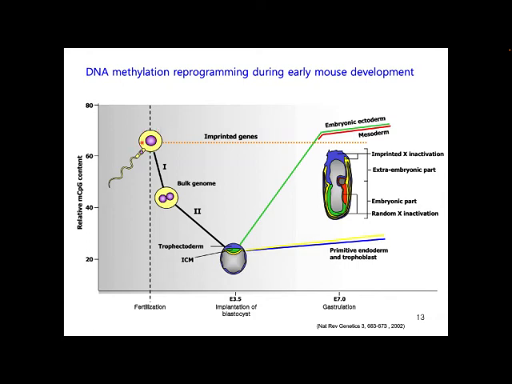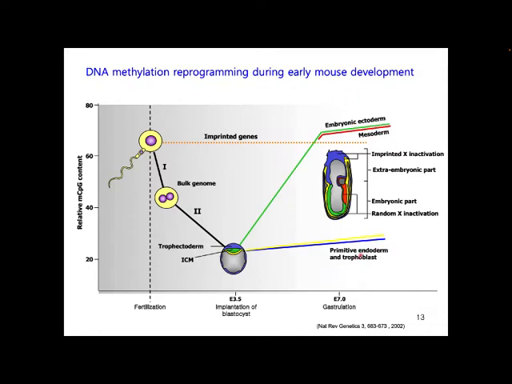So if we overview the overall DNA methylation program, there is very drastic methylation reprogramming during early mouse development. After fertilization, the relative methylated CpG content is quickly decreased. So the DNA methylation pattern is erased, and after implantation, the DNA methylation is quickly increased, and the embryonic ectoderm and mesoderm are quite methylated.